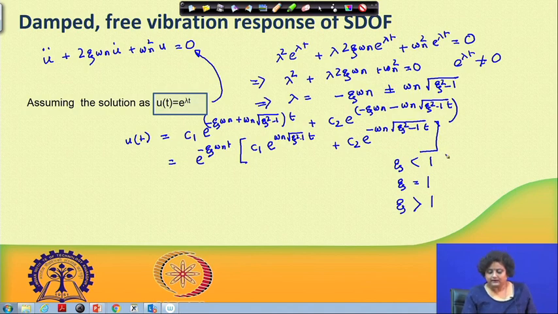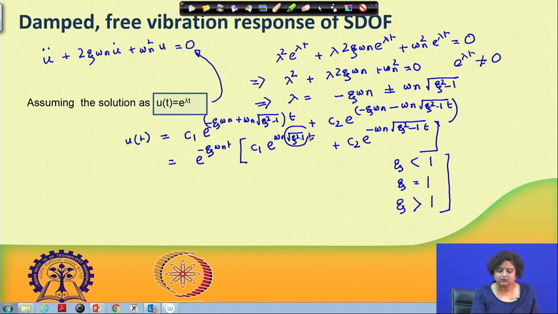For each of these three cases, the expression of the solution is going to remain the same, but the nature of the solution, the physics of the solution, is going to change depending on whether zeta is less than 1, equal to 1 or greater than 1. You can realize when zeta is less than 1, this part is going to be imaginary, because zeta square is less than 1, so we have the square root of a negative term. That will not be the case when zeta is greater than 1.